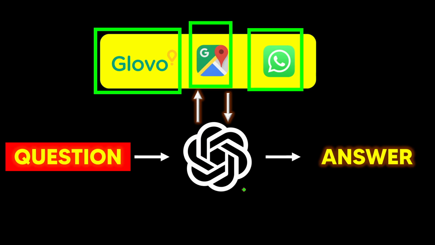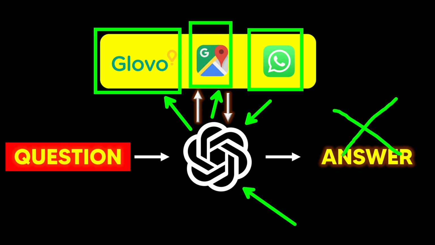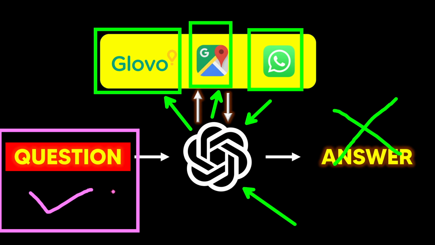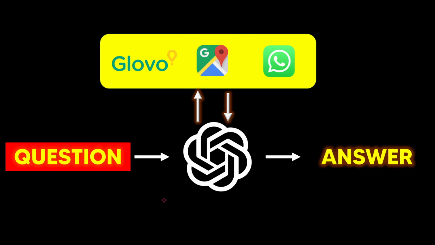Okay, and then you need to tell this LLM to access each of these different applications here, right? And if the answer you get is not what you want, you have to come back to this question again and tweak it until you get the result you want. So you can see this is quite stressful, but this is just workflows. You can connect as many apps as you want, and these LLMs access each of these apps and do the basic things which I mentioned earlier. It can think about what you want, it can give you suggestions, and that's it.